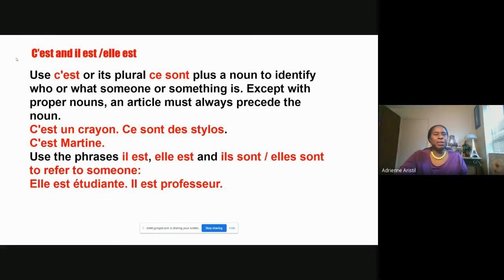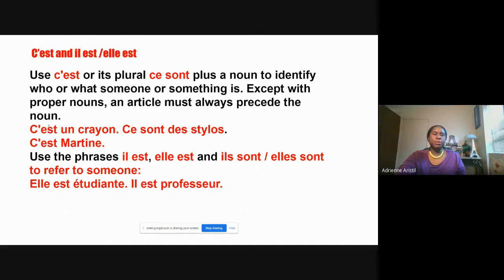Now we're going to be talking about c'est and il est and elle est. You say c'est, or its plural, ce sont, plus a noun to identify who or what someone or something is. Except with a proper noun, an article must always precede the noun.